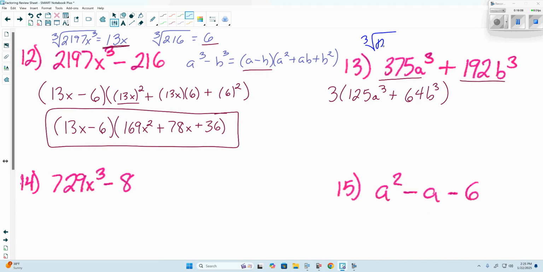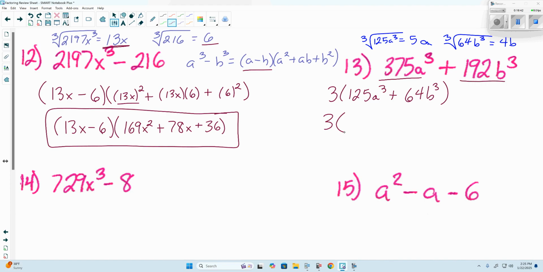Cubed root of 125 is 5a. Cubed root of 64 is 4b.